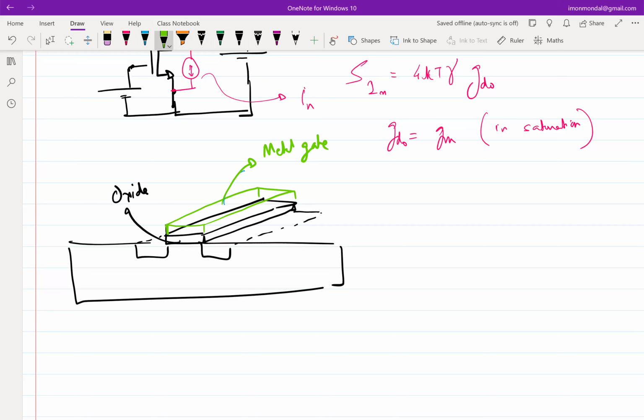But in CMOS, you hardly ever use a metal gate. You use polysilicon in most cases.